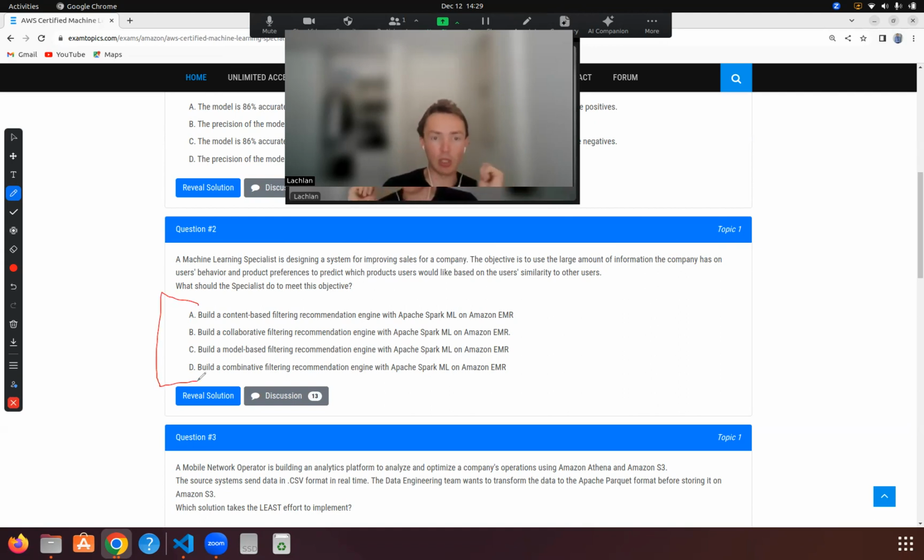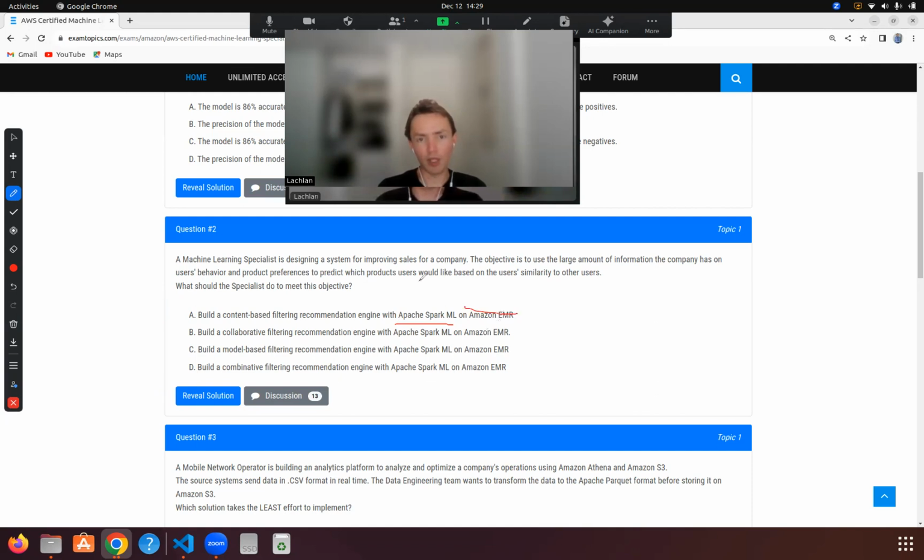And basically, the options are a bunch of different filtering methods to do this, and it's all running on Amazon Spark ML on Amazon EMR. So to start off, let's talk about what this is. Apache Spark ML is basically a set of machine learning services and tools provided by AWS that you can use.